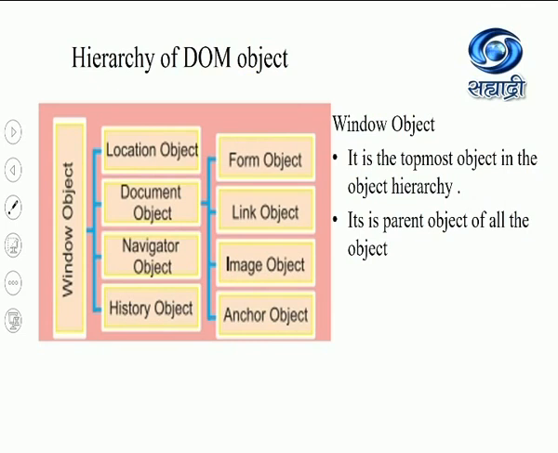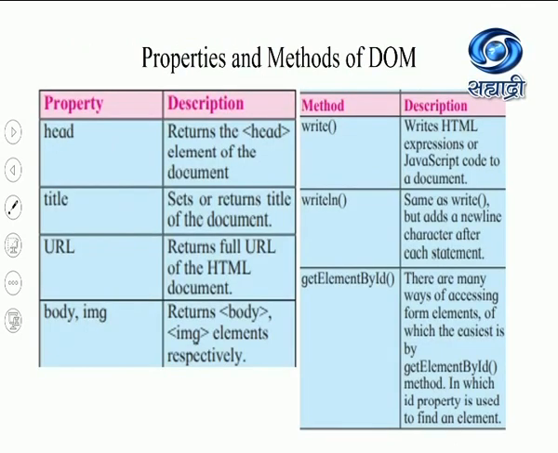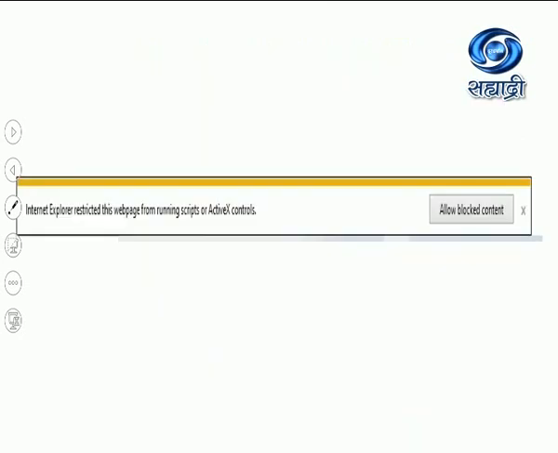You have a thorough study of form object, link object, image object and anchor object. Out of these, the form object is in our syllabus. So here, observe the properties and methods of the document object on your screen. If you execute your JavaScript program using Internet Explorer, it will show you a message like this.